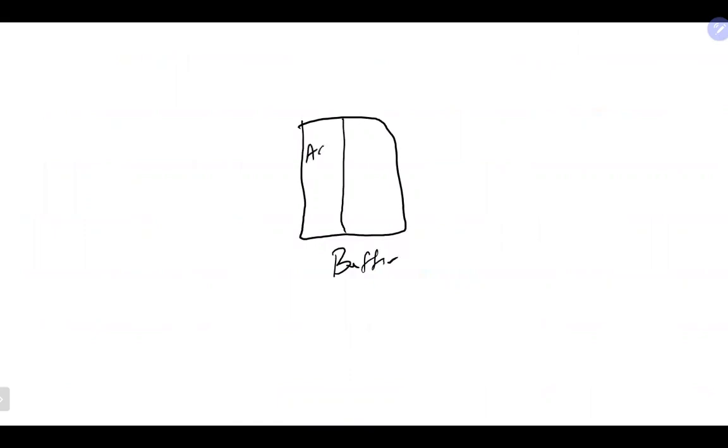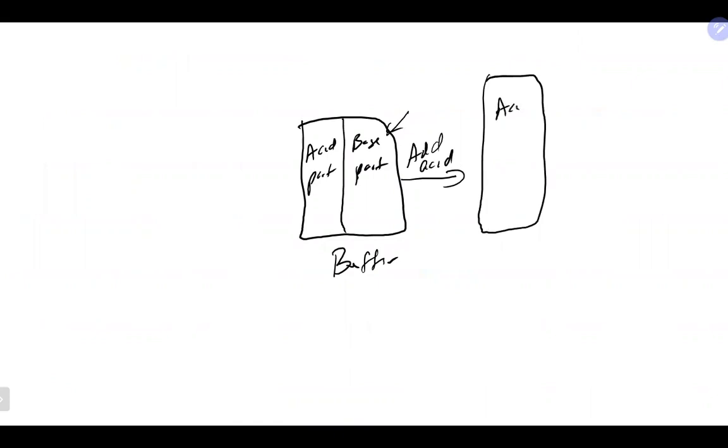So just to visually end on here, if you were to make a buffer, you typically have an acid part and a base part. And a lot of times you'll start with about equal amounts of both of those. When you add acid to that buffer, it will use up some of the base, but it will make some of the acid part of the buffer. And that's why a buffer can maintain a pH over a long period of time, because you're kind of regenerating part of the buffer every time you do the reaction.